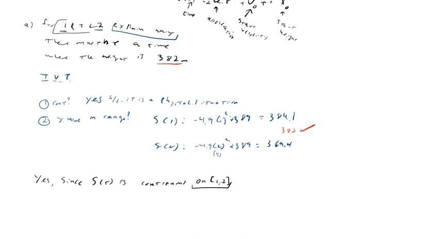Since S is continuous on the interval, and 382 is between S of 1 and S of 2, you could either write that, or you can say 384.1 and 369.4. You could use the numbers either way.